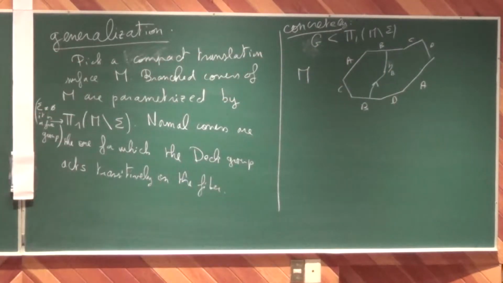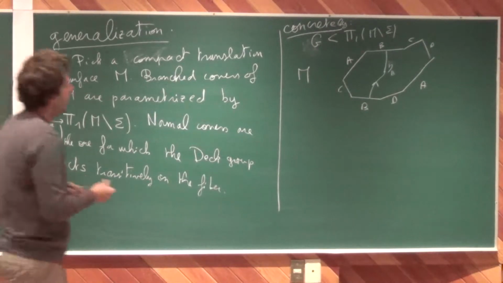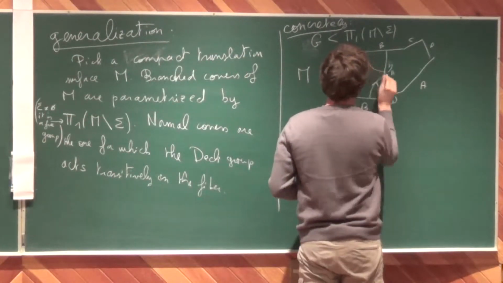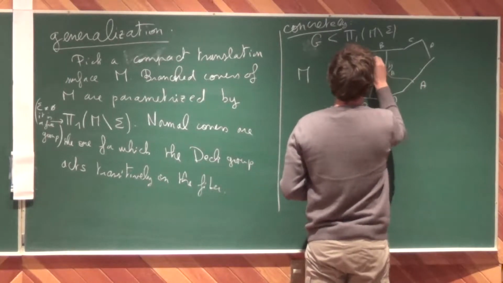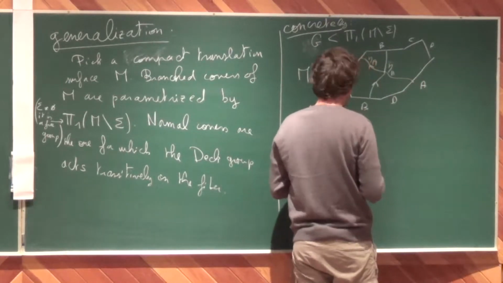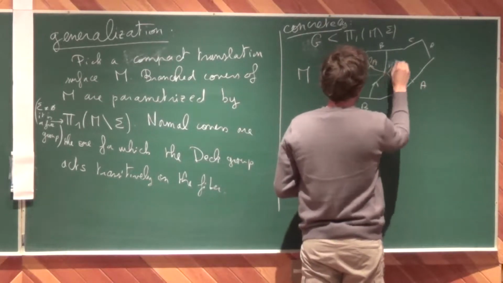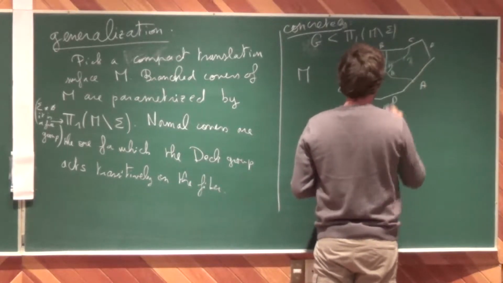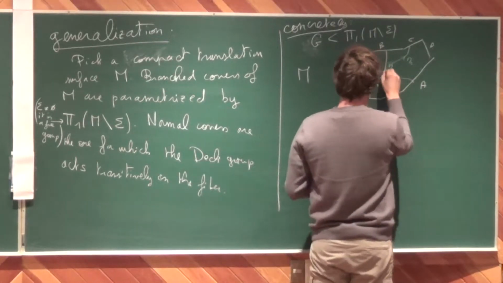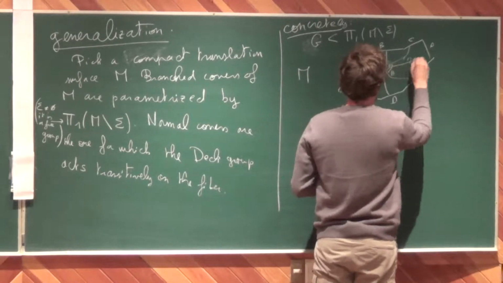Here is theta a, theta c. These are closed curves on my surface, and there is a d which goes from here to here.